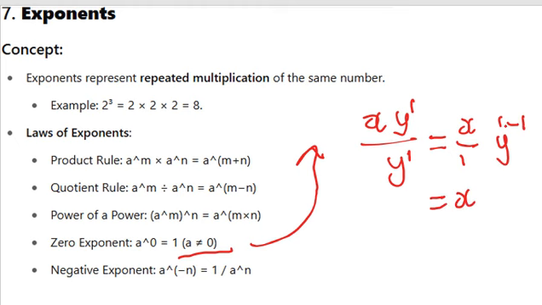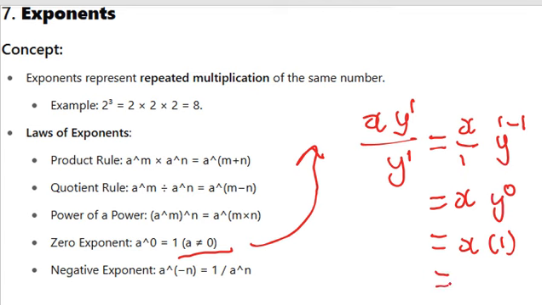So this is equal to x times 1. It's the same thing, since y to the power of 0, anything to the power of 0, is 1. So that's why we're going to have x. X times 1 is x.